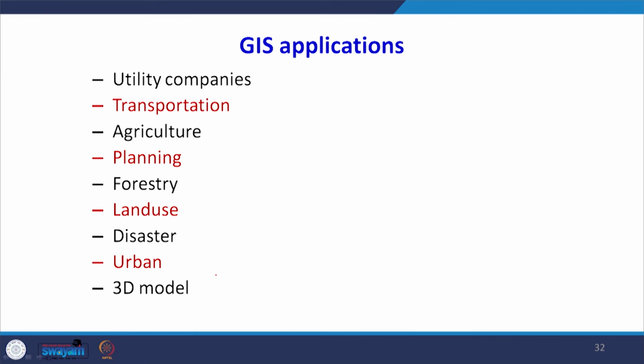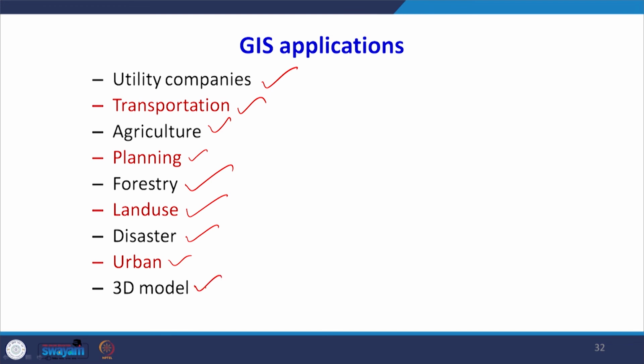Now, there are a large number of applications of GIS. This is just an exemplary list. Utility companies are using it, it is used in transportation, various agricultural activities, planning on the land surface, forestry applications, land use and land cover mapping, disaster mapping and management, urban monitoring, and 3D modeling.